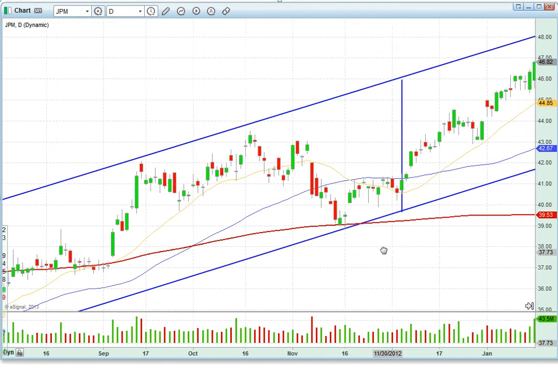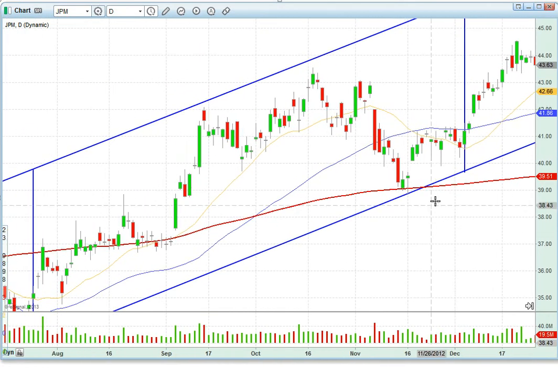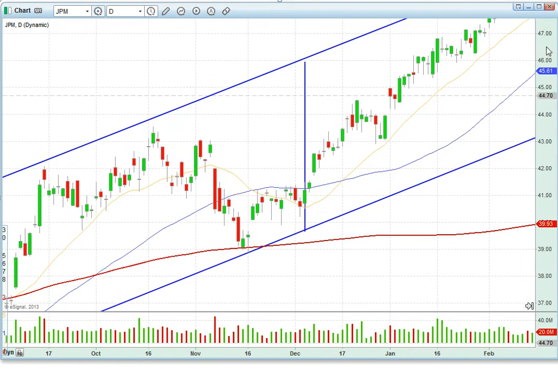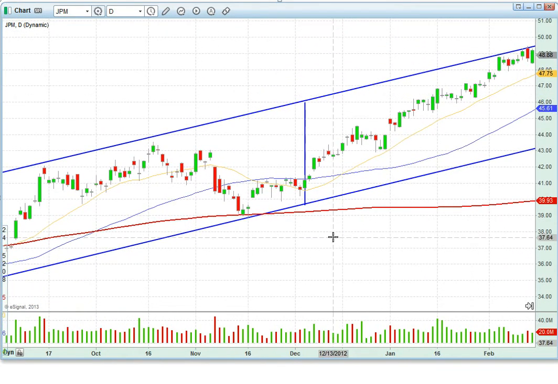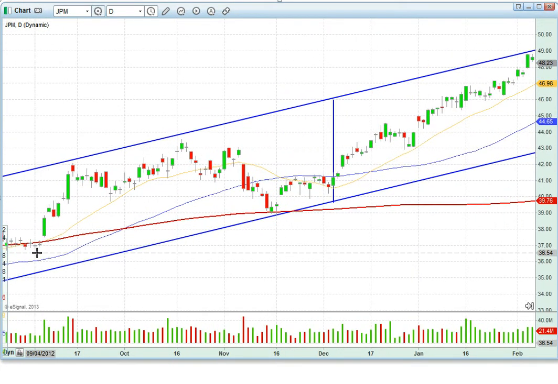Now just one little secret: bounces off of the 200 MA are usually the stronger bounces, and they're the ones that establish really strong trends. So notice the red line is my 200 MA. Let's put this into context. Here it bounced off back in September 2012 and basically had a really strong rally.